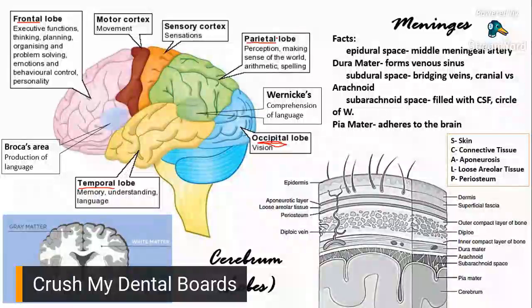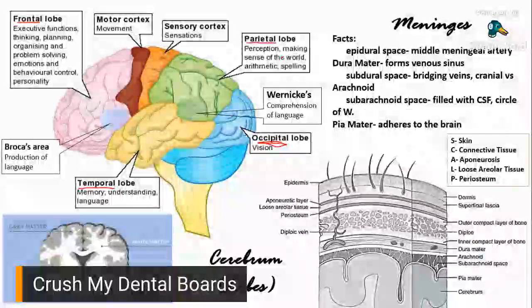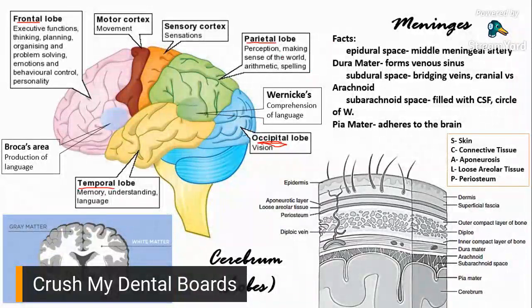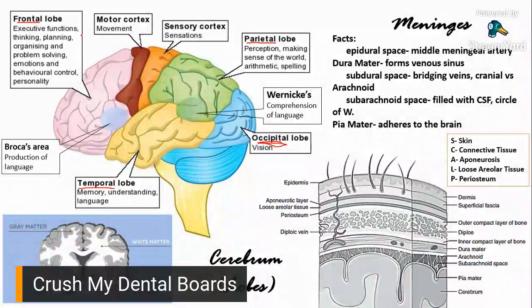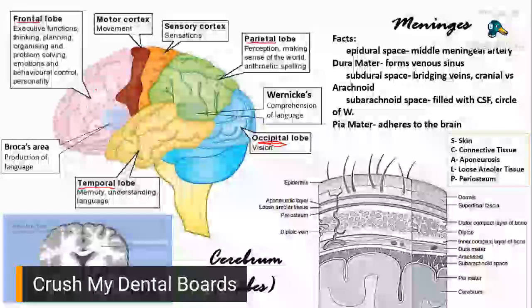And then the parietal lobe is responsible for perception, making sense. When you try to make sense of things, when you try to make sense of letters, your parietal lobe is the one responsible for that. And then occipital lobe is mainly for vision. Okay, so these are the different functions of the different lobes of your cerebrum.